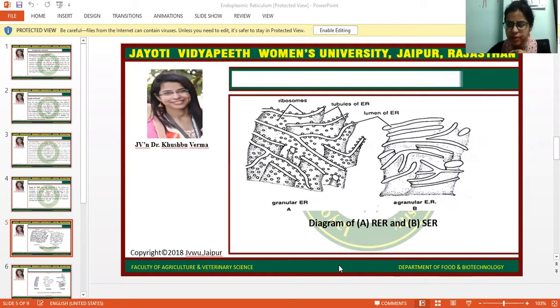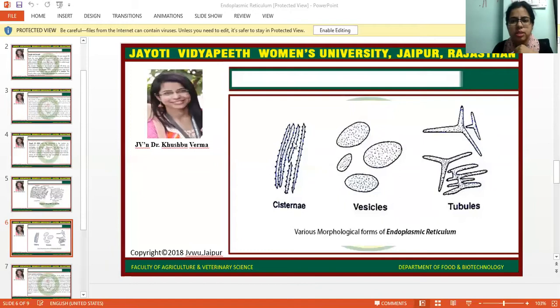This is the basic difference. And again you can see the different shapes, like this is known as cisternae, and these are the vesicles which have enough amount of proteins, and these are the tubule forms. All are the morphological forms of the endoplasmic reticulum.